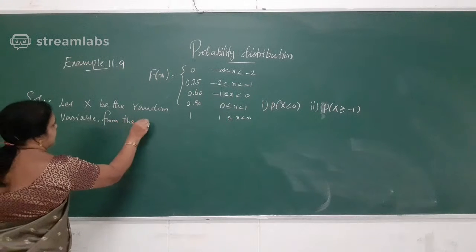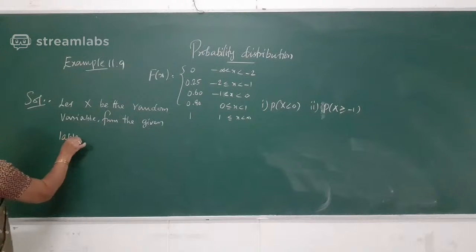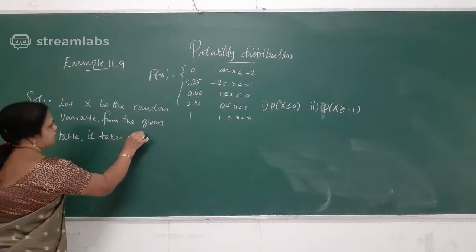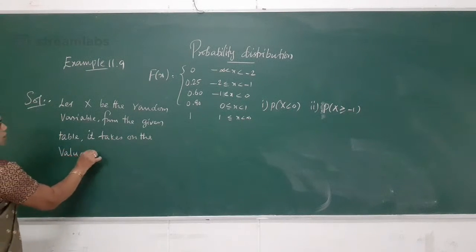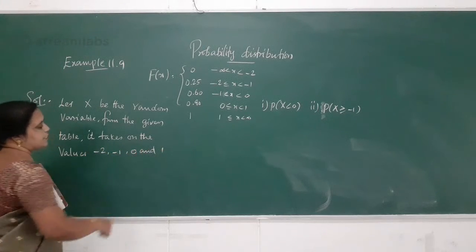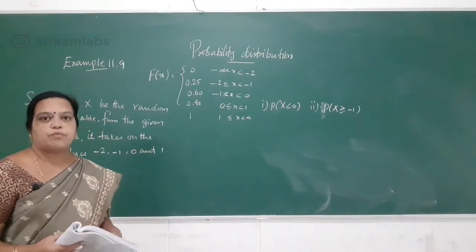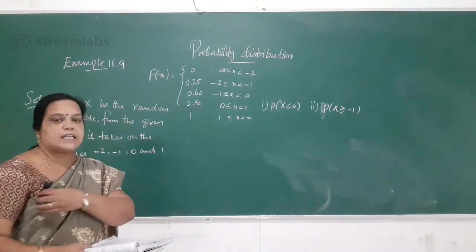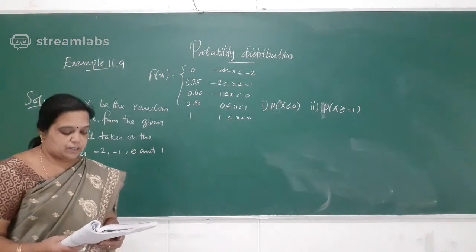From the given table, it takes on the values -2, -1, 0 and 1. First we found the random values. Second step, the definition we know. We have to find the probability mass function, isn't it?